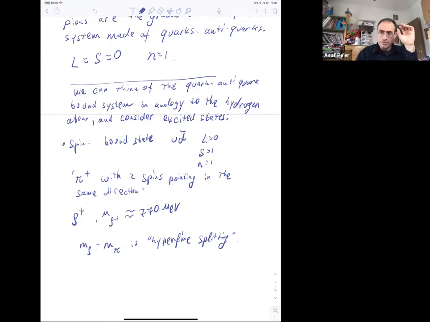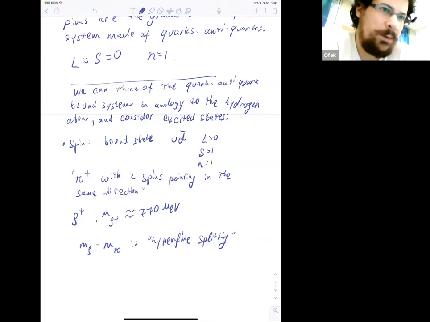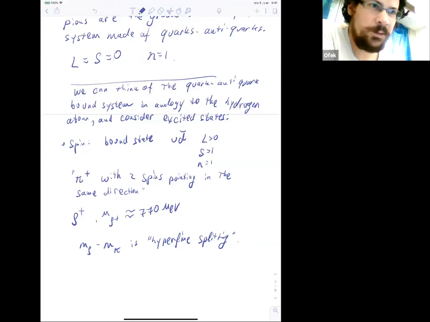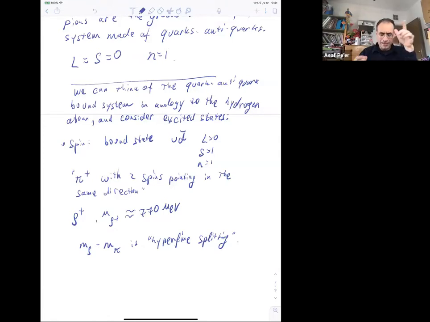So here I'll be replacing 1/137 by... No, this is QCD because you have interaction between the quarks. So it's a strong interaction, and it's order 1. Much more than that actually, because I'll say a few words about that. Yeah, the order is 1, but you have multiple of them.